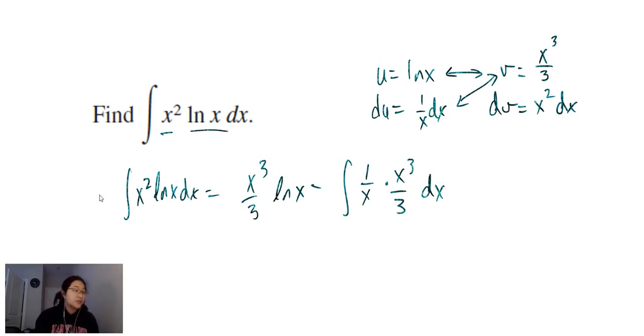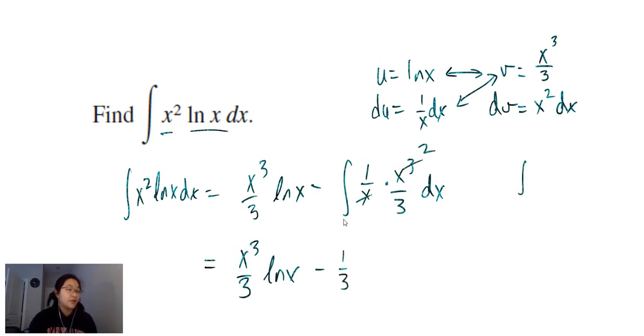And so, well, this is nice because this becomes very algebra, right? Where we just have, I'm copying this down, x cubed over 3, natural log of x minus, and then we get 1/3, and then we're looking at the integral of 1/3 x squared dx, and so we just have x cubed over 3 plus c.